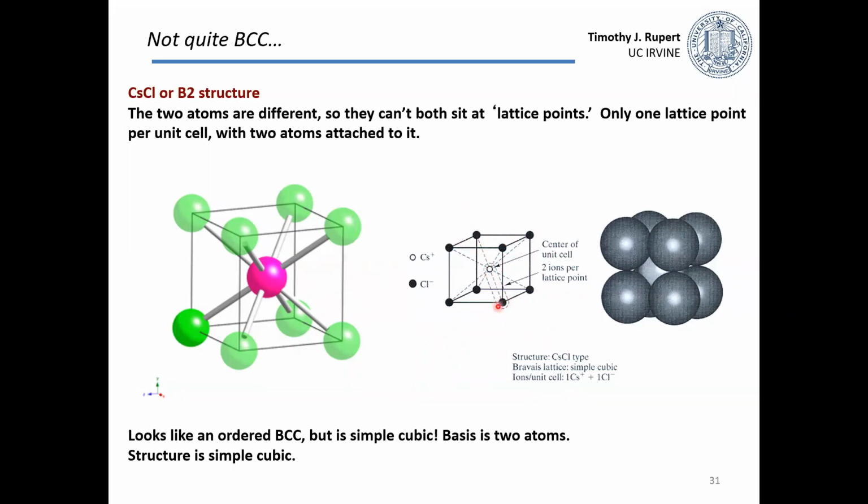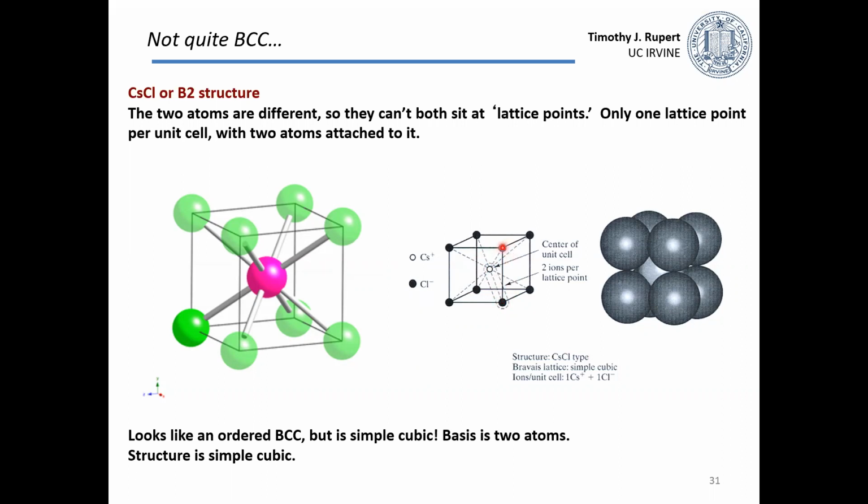You do it by putting groups of atoms, so 2 atoms at a time. So for every lattice constant, I'm going to put 1 chlorine atom right at that lattice point, and then I'm going to put 1 cesium atom at a point 1/2, 1/2, 1/2 of the unit cell away. Okay, so think of it as we're adding in groups.